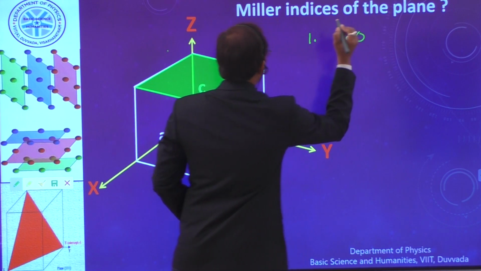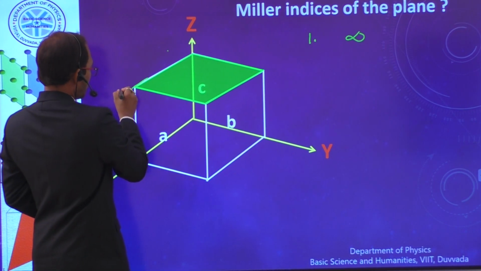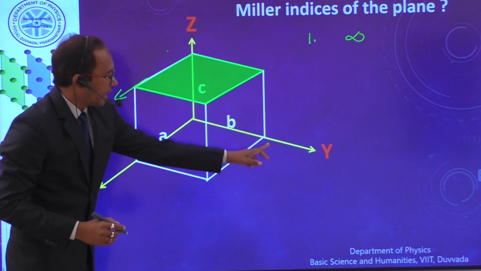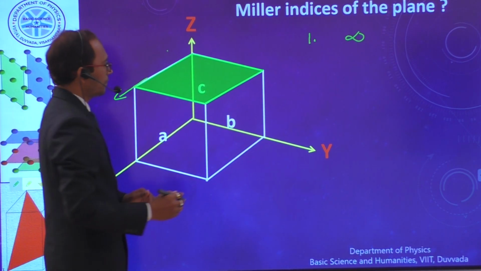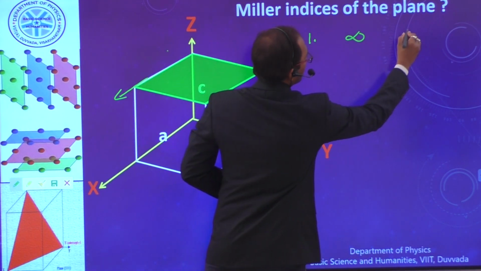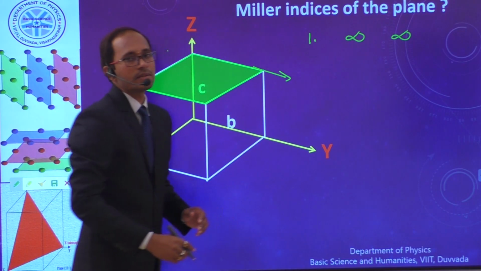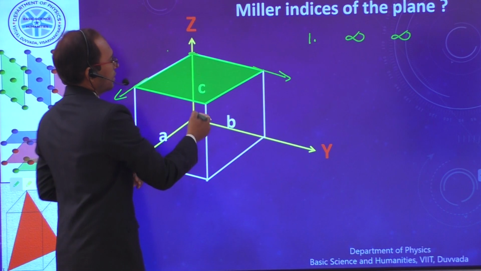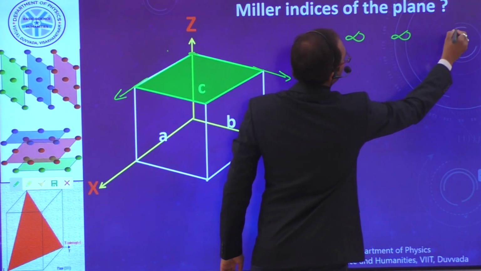It is parallel to the x-axis. Similarly on the y-axis, it is nowhere touching, so it is parallel to the y-axis and the y-intercept is also infinity. And the z-intercept, it is touching here, so the length is c.